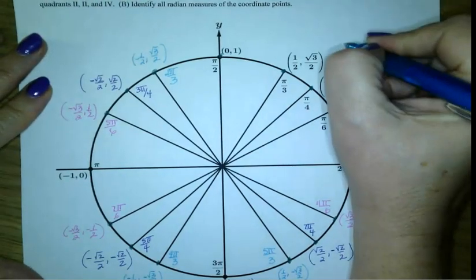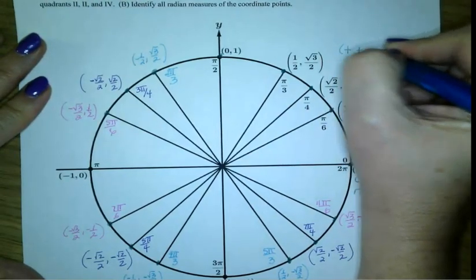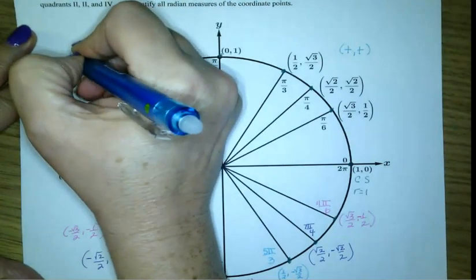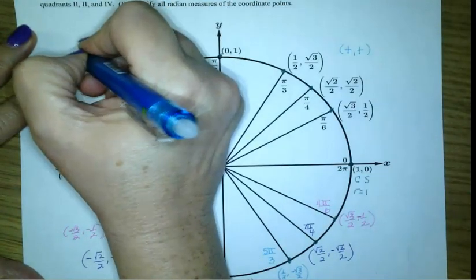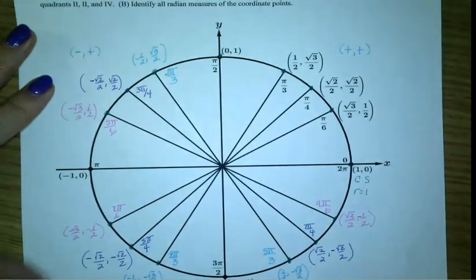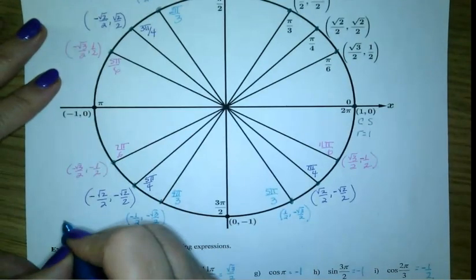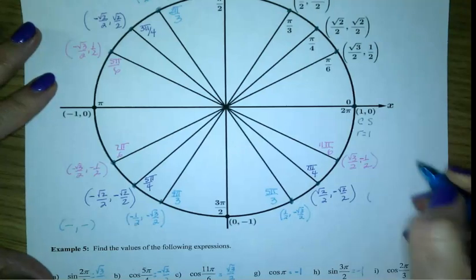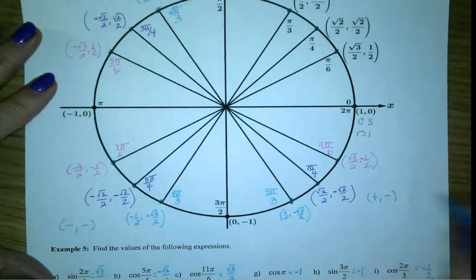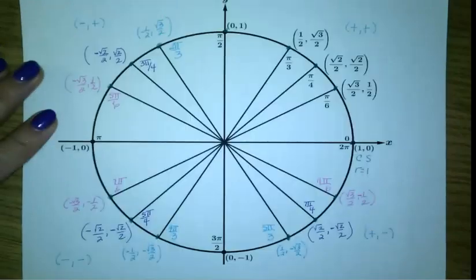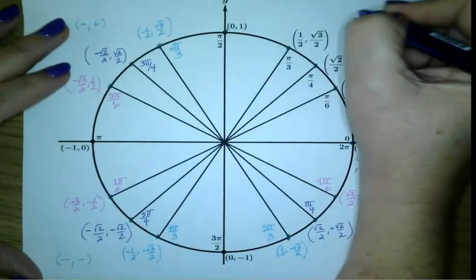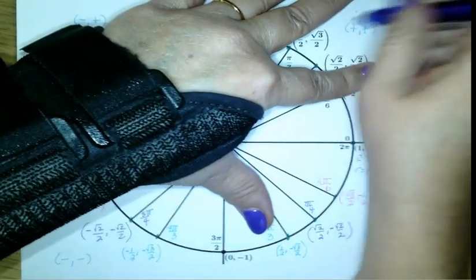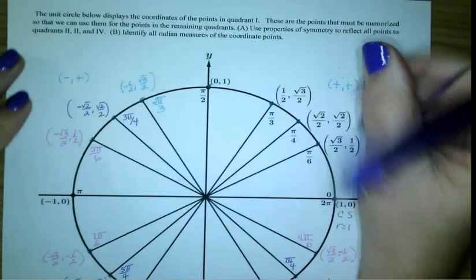So it's very important to think about some of the things we talked about. In this quadrant, when we graph any point, it's positive, positive. In this quadrant, it's negative, positive. Down here in the third quadrant, it's going to be negative, negative. And over here in the fourth quadrant, it's going to be positive, negative. We reviewed and made sure we remembered how to label the quadrants in order.